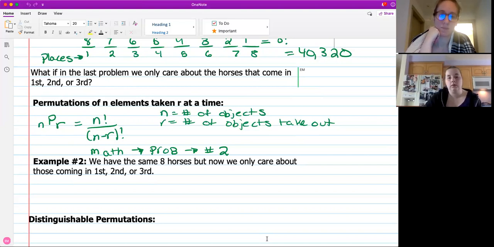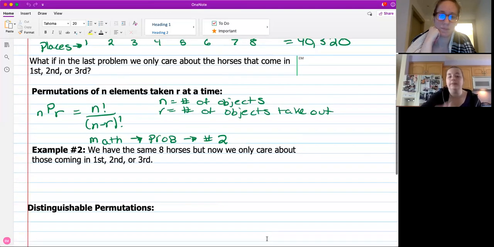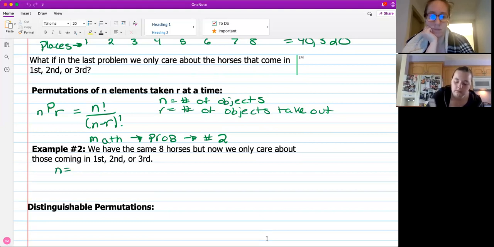For example number 2, we have the same 8 horses running in the race, but this time we only care about the horses coming in first, second, or third place. So we have 8 horses, so n is 8. The number of objects you take out is how many horses we care about: first, second, or third place, so we care about 3 horses.